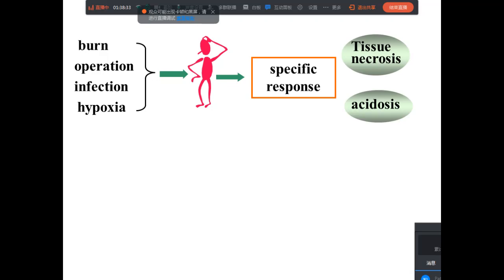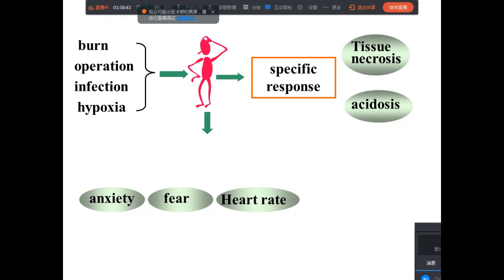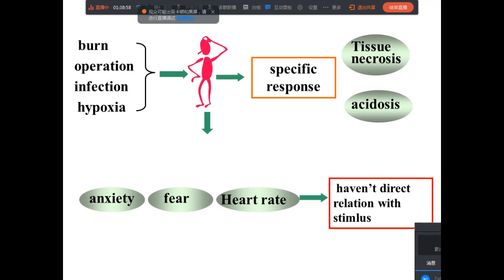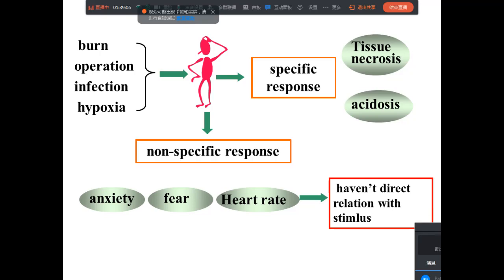Now, if a stimulus affects the body, what also happens? The patient has anxiety, fear, heart rate increase, respiratory rate maybe increase. Now, the manifestations have no direct relation with the stimuli. Now, it is a non-specific response.